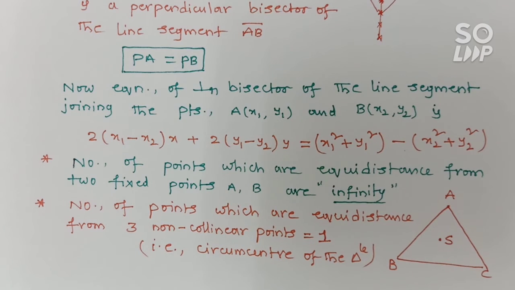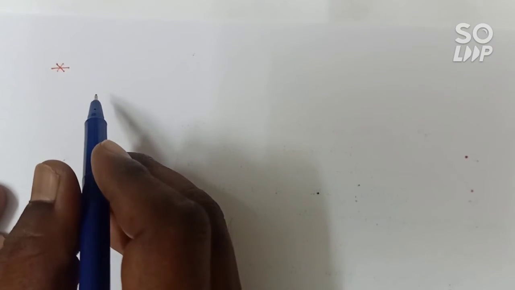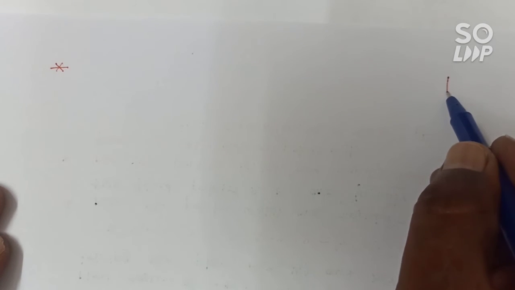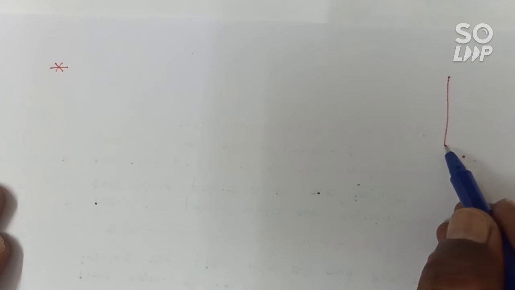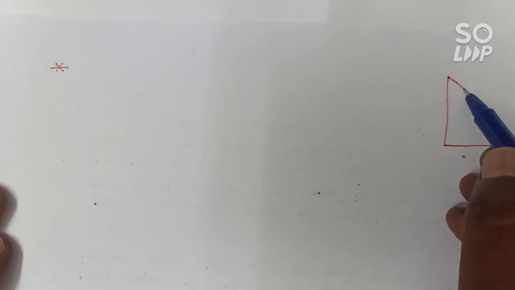Now you see the next one. Suppose you take a right angle triangle.